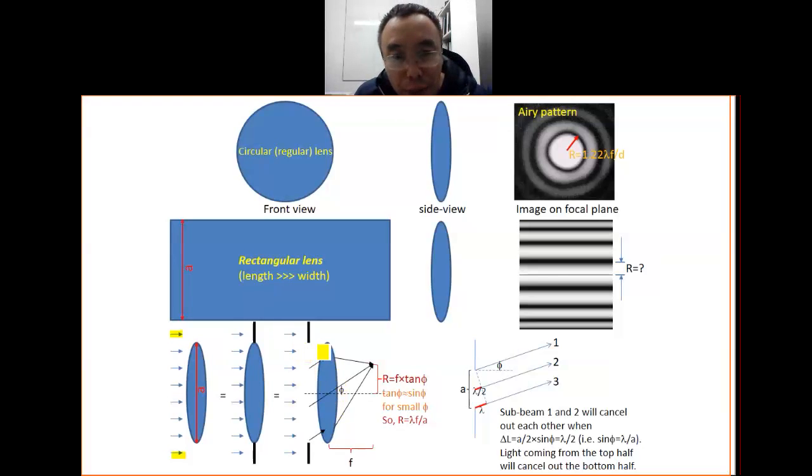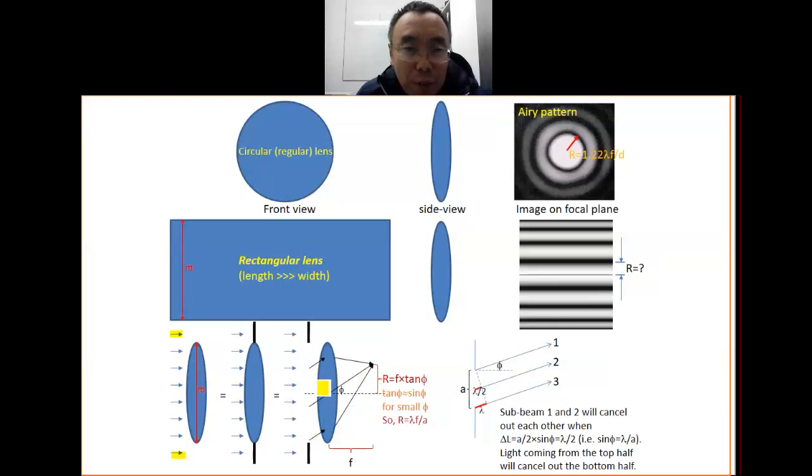When we have the aperture, the light will be diffracted. The total light will be the sum of the different sub-beams. The light goes in all directions through this aperture. Because we care about a certain spot on the focal plane, for example, this spot corresponds to the beam coming from those parallel light.